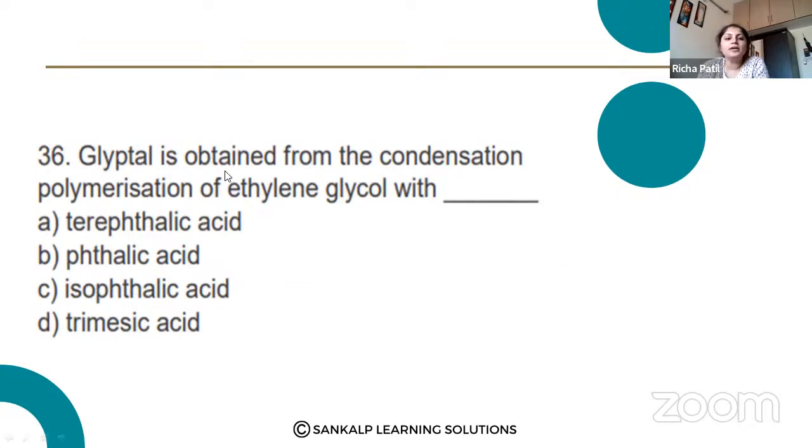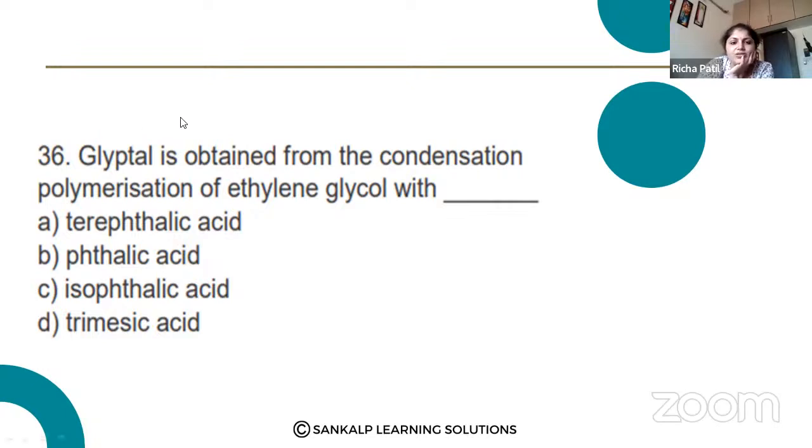Next, glyptal is obtained from the condensation polymerization of ethylene glycol with. Yes, Saundarya, Amrita. Yes. Good. It is with terephthalic acid.